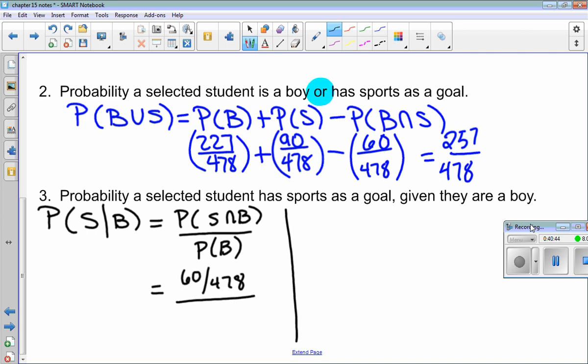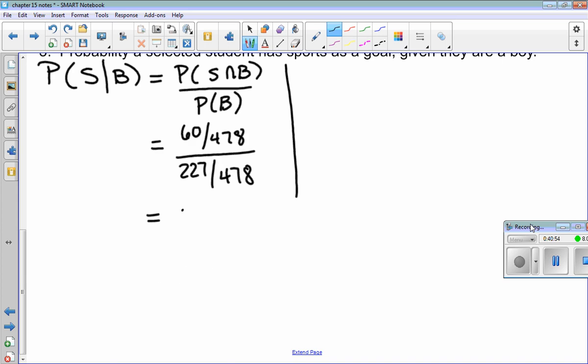Divided by the probability of just boy was 227 over 478, which ends up being just 60 over 227, which is approximately 0.264. The 3 decimal place is a good rule of thumb, okay? You understand where the numbers came from?